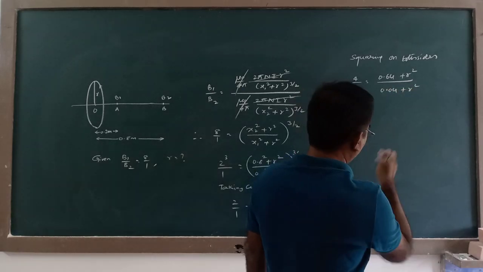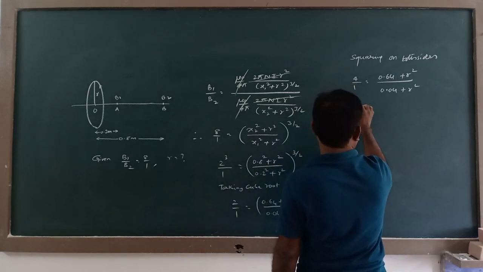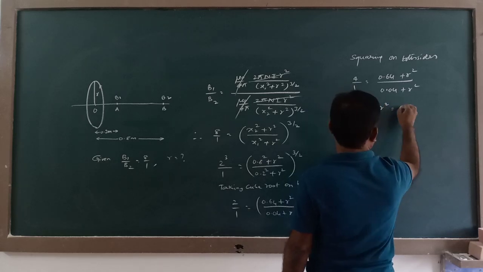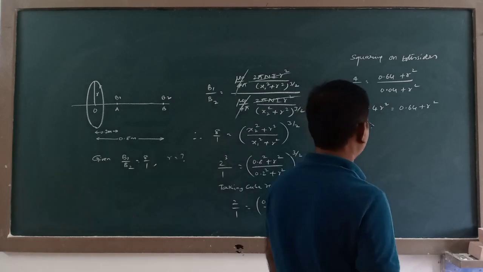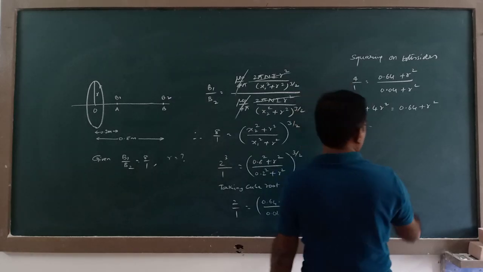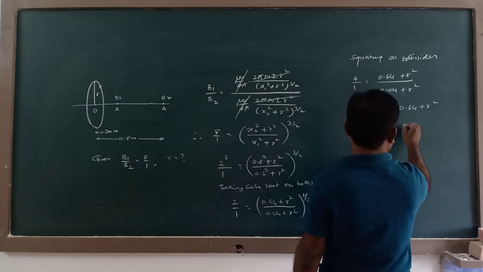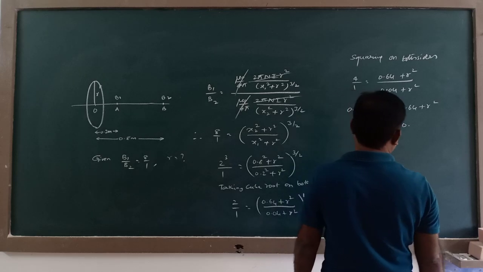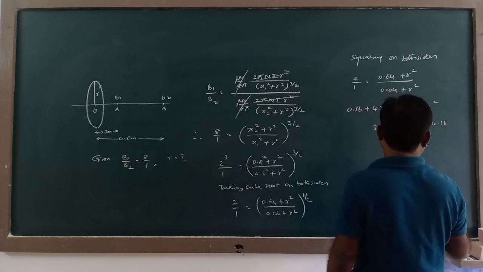Now see, the rest of the thing is simplification, you cross multiply. So 0.16 plus 4r square is equal to 0.64 plus r square. If I take this r square here, you will be left with 3r square is equal to 0.64 minus 0.16.